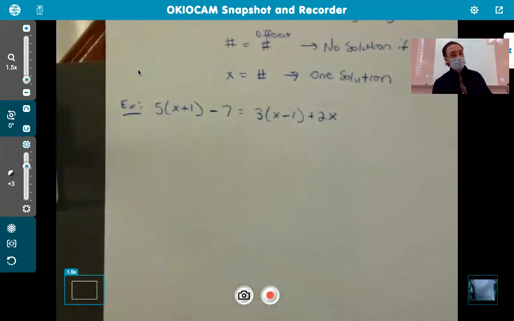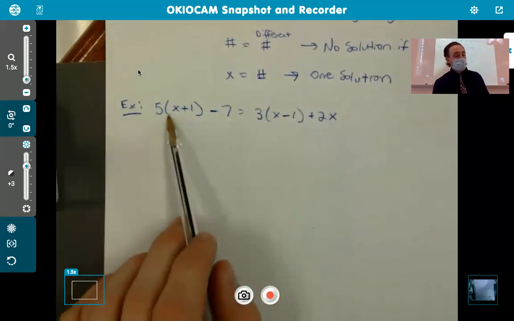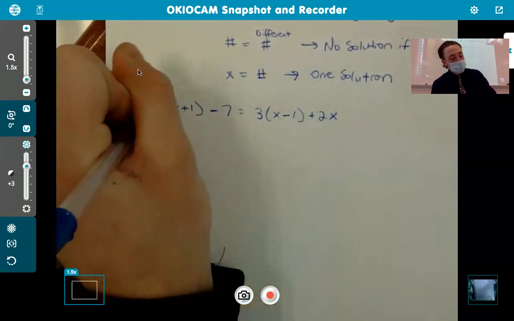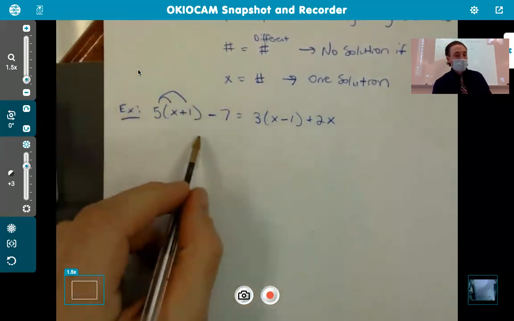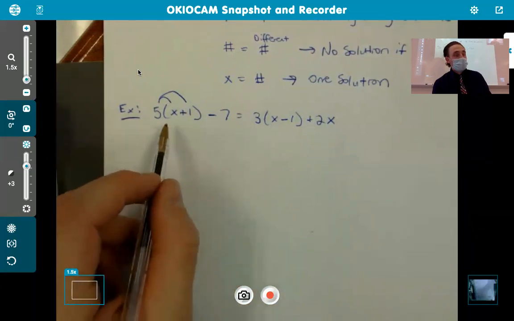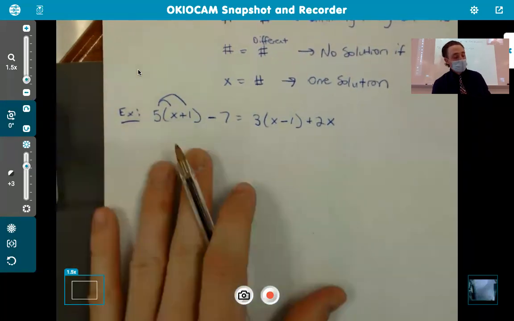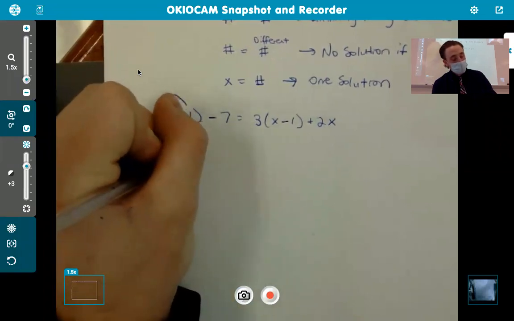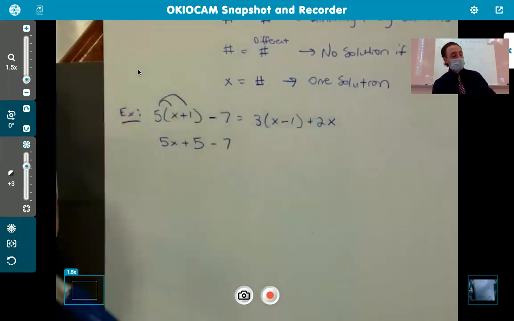So on the left-hand side of my equation, what should I do with this 5 here? Distribute, right? Anytime that I see parentheses, I'm going to distribute. So what does that give me on the left-hand side? What's 5 times x? What's 5 times 1? 5. And I still have the minus 7, right?